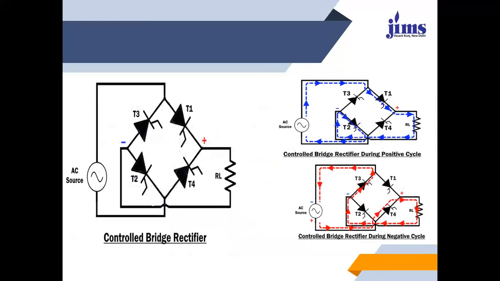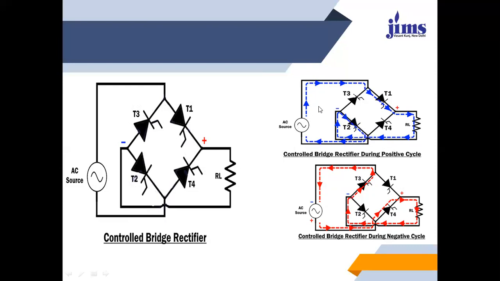Over this side, it is a full bridge controlled rectifier where all the bridge components are connected as SCRs. This will be the operational characteristics of how it starts. The supply moves from this side, through T1 towards the load, and then returns back, moving through T2 towards the source.